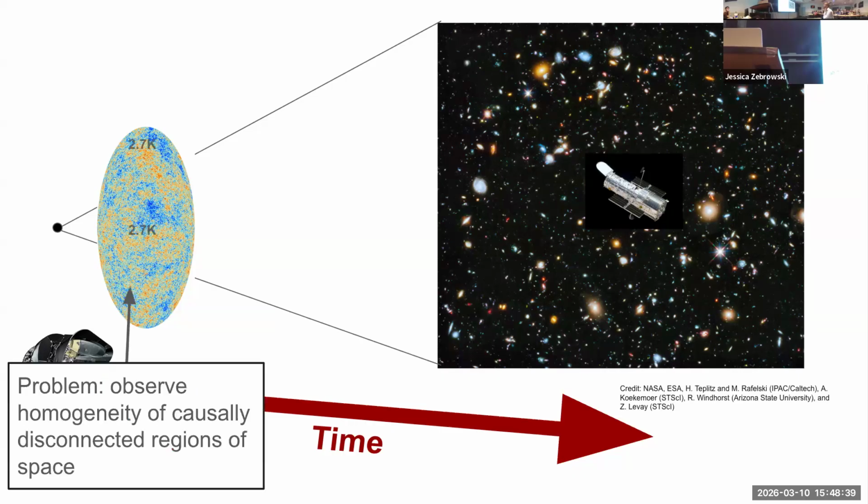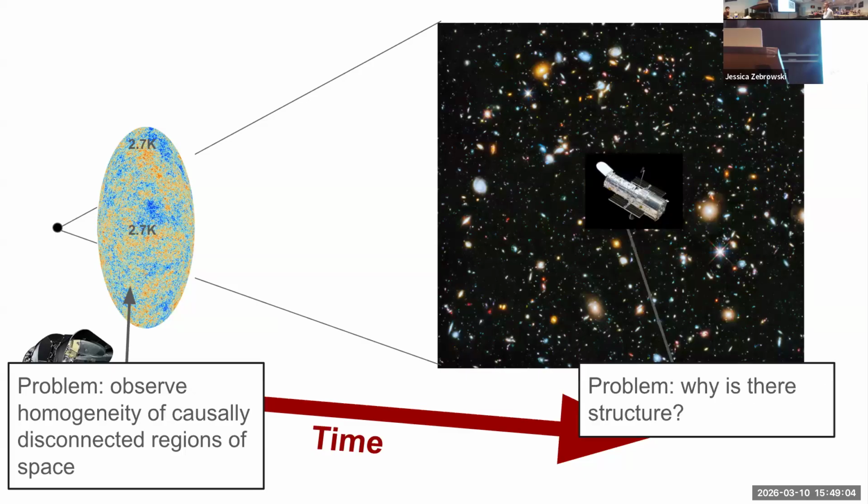So for example, in measurements of the cosmic microwave background, the oldest light in the universe, we measure this striking isotropy, which implies a homogeneity of causally disconnected regions of space. Now, some call this the horizon problem. And this is super paradoxical because how do these regions that had never been in causal contact know to be the same temperature?